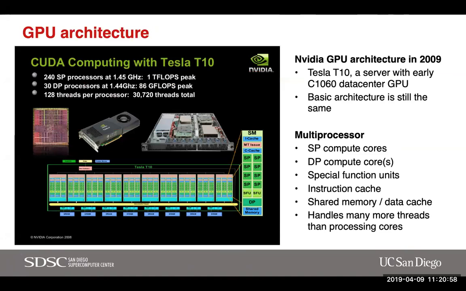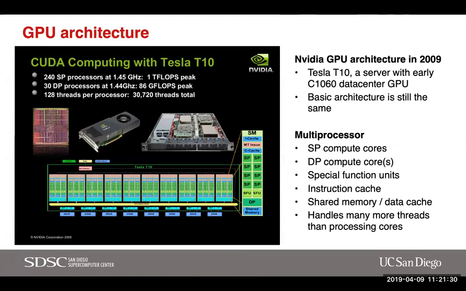So here you see a little bit more detail. That's actually from approximately 10 years ago, an NVIDIA GPU architecture, with an early data center GPU. The basic architecture is still the same, and what you see here is SM, a so-called multiprocessor, which contains these processing cores that operate in lockstep. It contains also double precision compute cores. So often the performance ratio of single precision to double precision is not 2:1 like on a CPU, in particular for gaming GPUs.